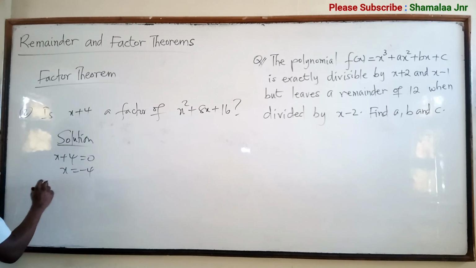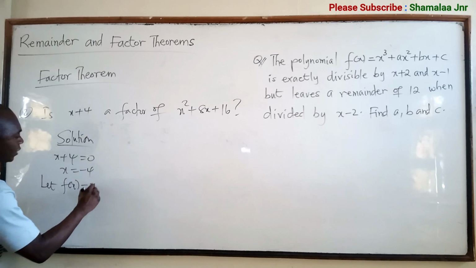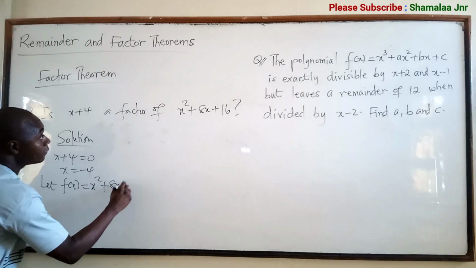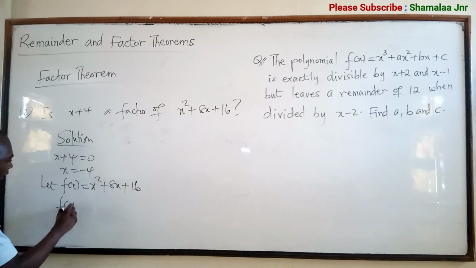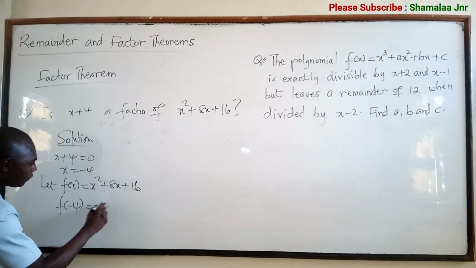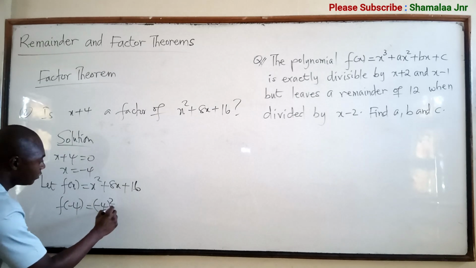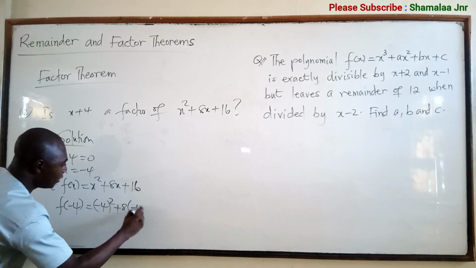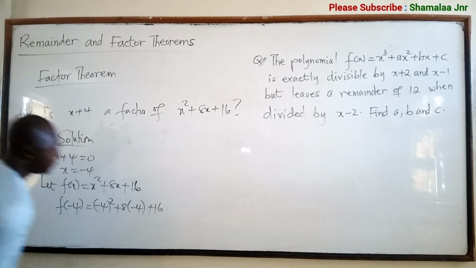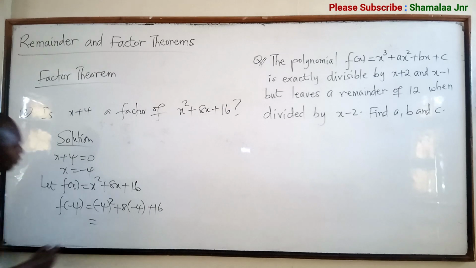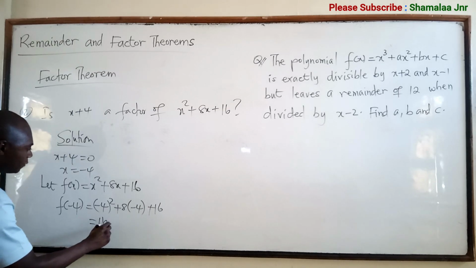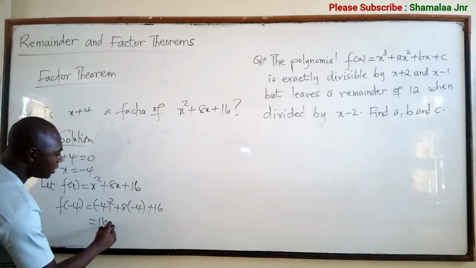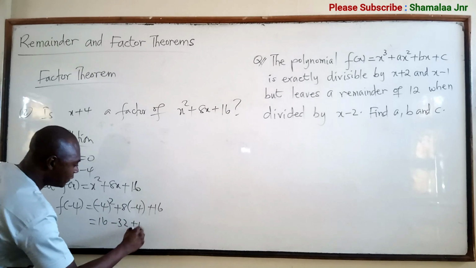So you can say let f of x be equal to x squared plus 8x plus 16. What this means is that f of negative 4 will be equal to negative 4 all squared plus 8 times negative 4 plus 16. Are you seeing it? And this is equal to negative 4 squared is 16, 8 times negative 4 is negative 32, plus 16.